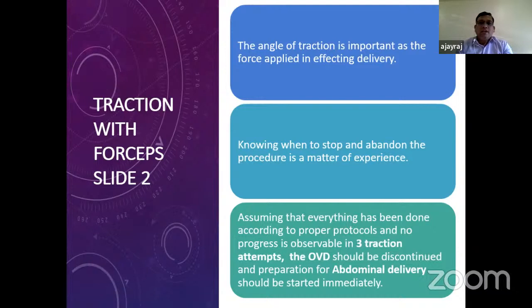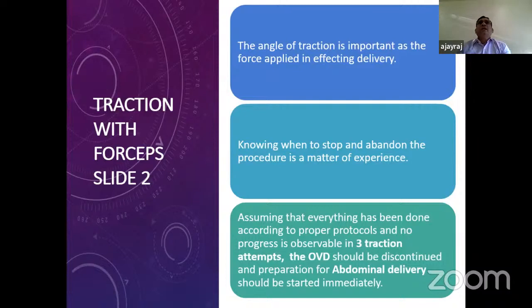Assuming that everything has been done according to proper protocols and no progress is observable in 3 traction attempts, that is, 3 traction attempts have failed, then the operative vaginal delivery should be discontinued and preparation for emergency LSCS should be started immediately.